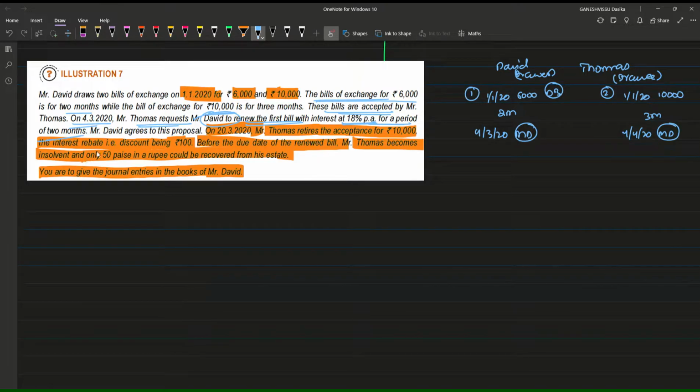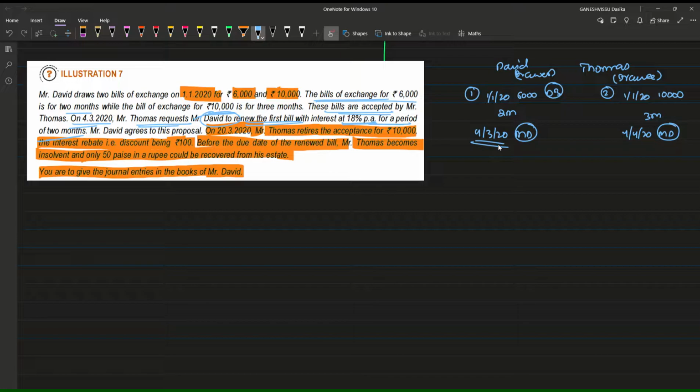For a period of 2 months, that means what is happening on 4th March 2020, that is on the maturity date. What actually does Thomas have to do? Thomas has to pay the amount of rupees 6,000 to Mr. David on 4th March 2020.